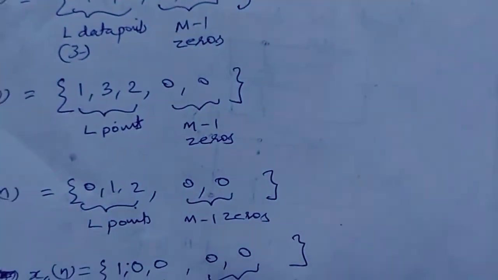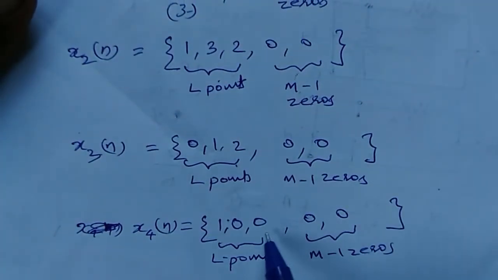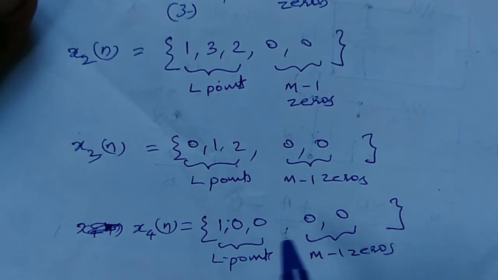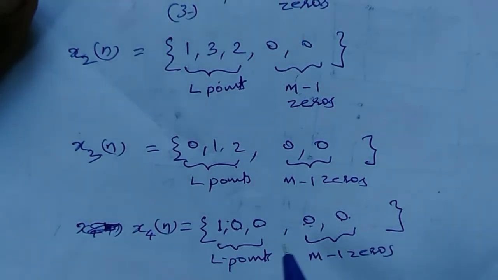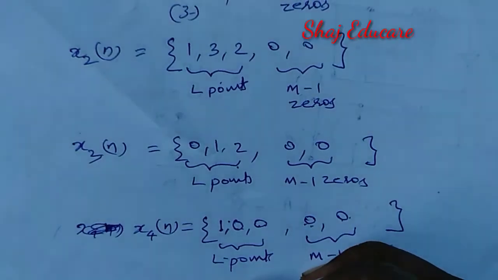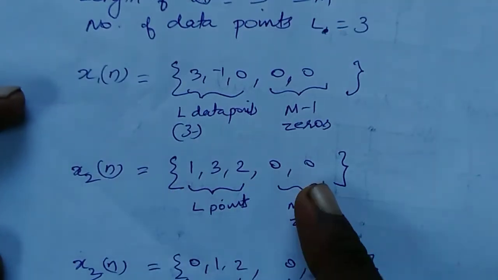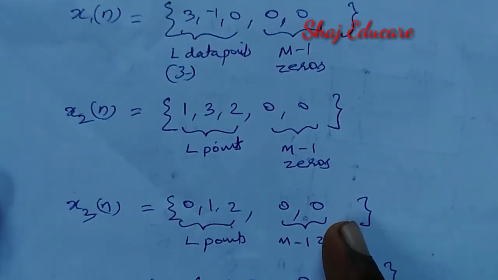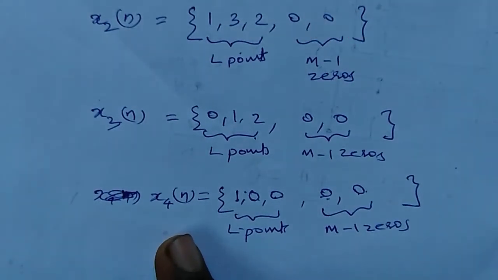But according to the discrete blocks we chose, the length of the data blocks x1 of n, x2 of n, x3 of n and x4 of n is 5 each.